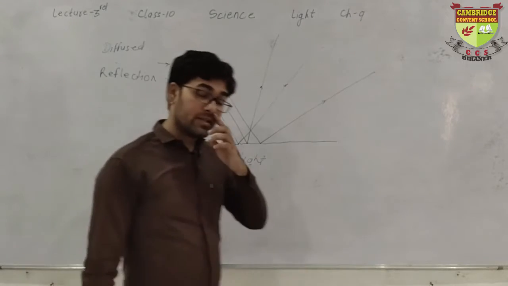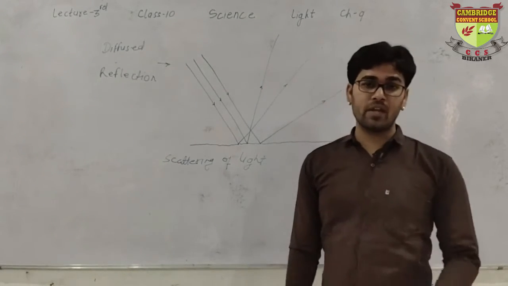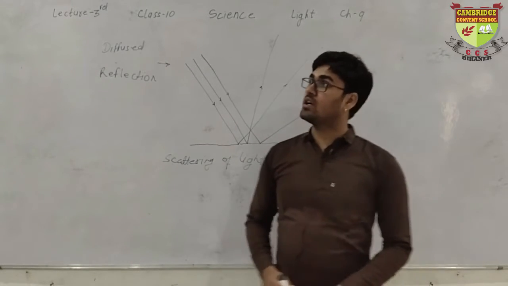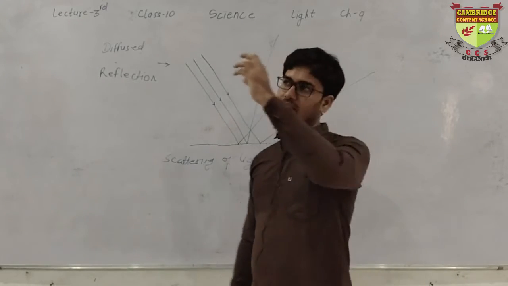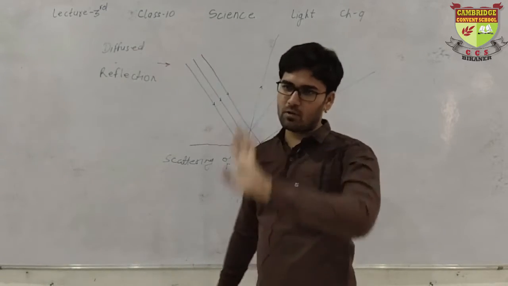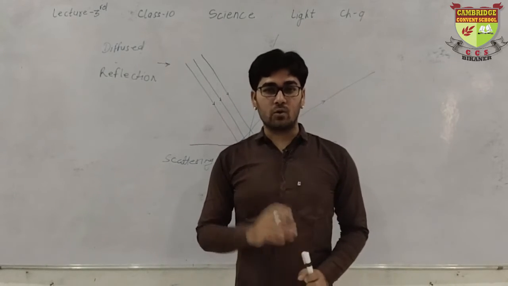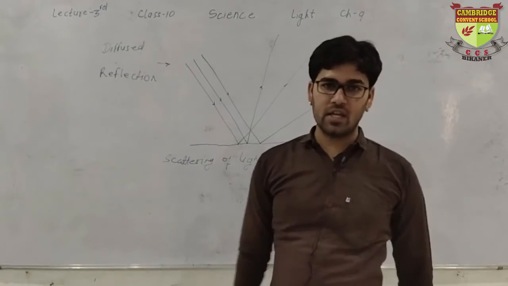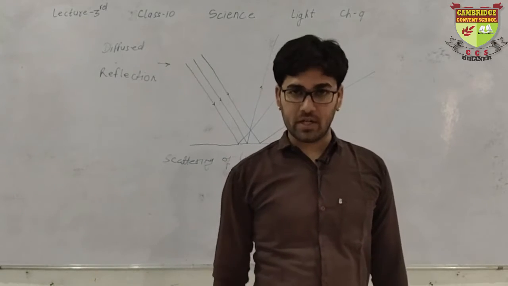See students, this type of reflection is extremely important to have our vision. See how, suppose from this bulb or from any source of light, light is incident on any particular object. If regular reflection takes place from that object, then light will not scatter in all the directions, and due to that we will not be able to see that object.